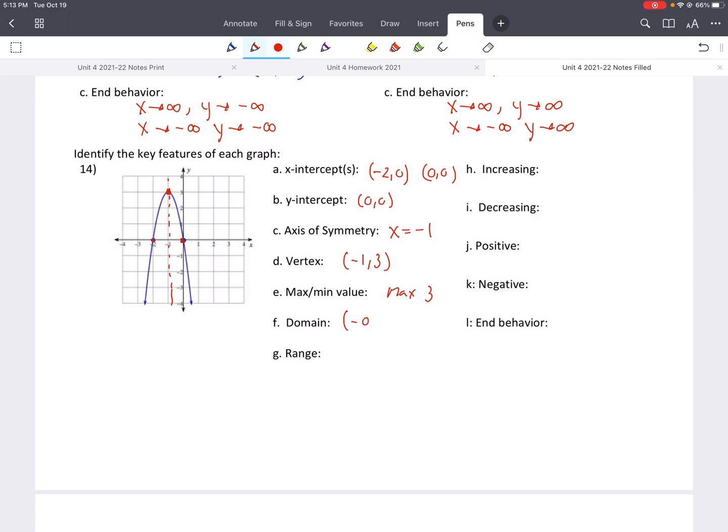Domain, again, is always the same, -infinity to infinity. Range is how low and how high. So how low would be -infinity and it goes all the way up to 3 and includes that 3. Increasing is positive slope.